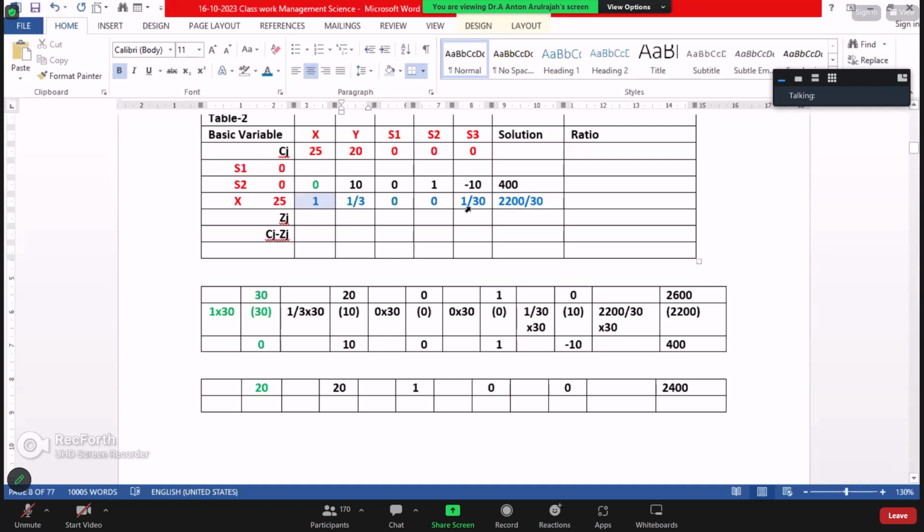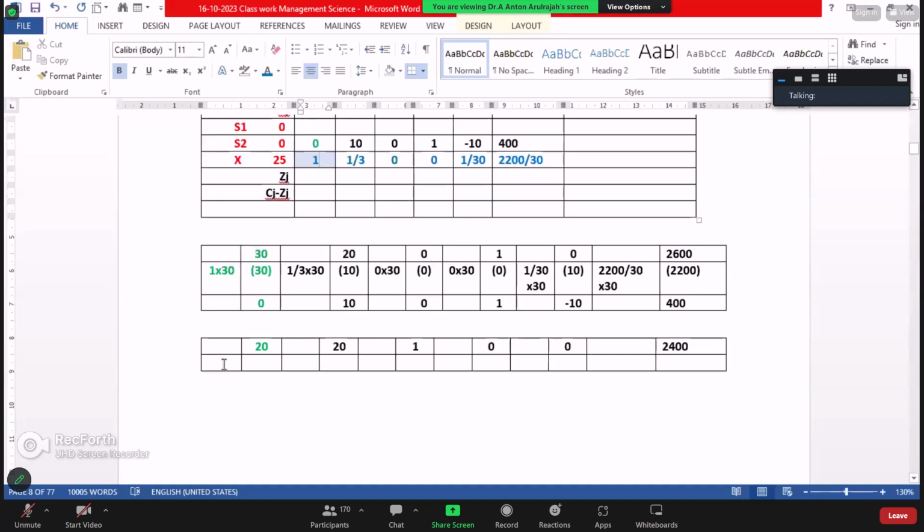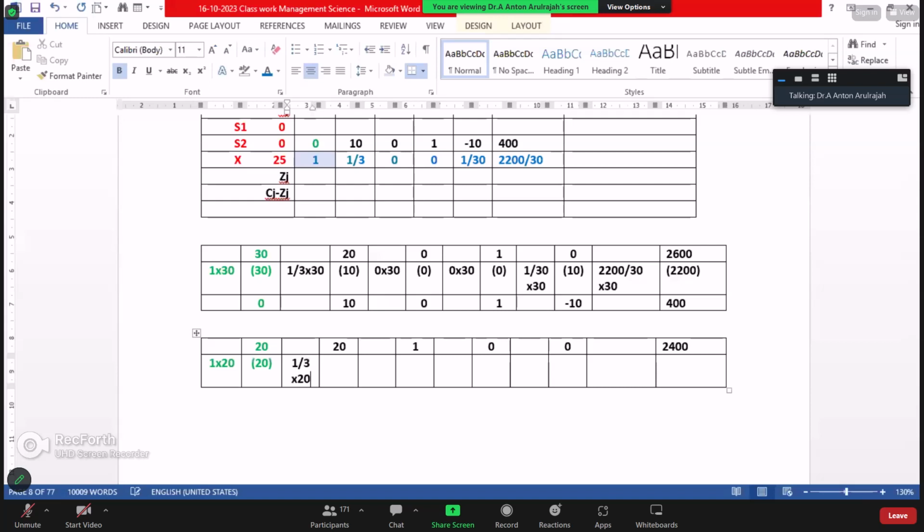This is the first one I use. New row means I can copy the same things. 1 has to multiply by 20, then that is 20. Any other one, 3 has to multiply by 20. How much?